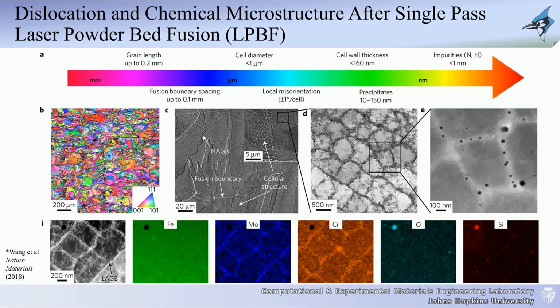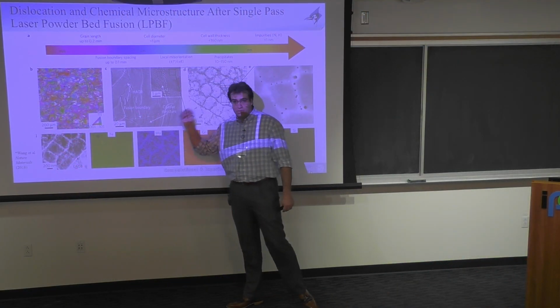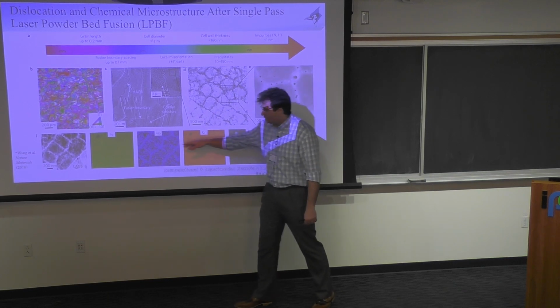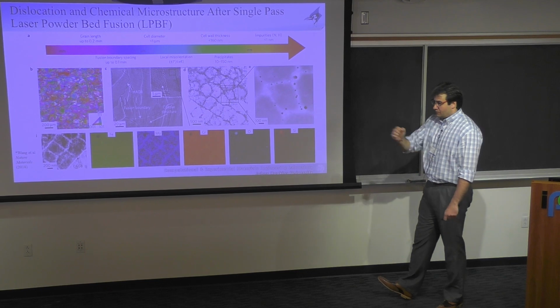So there's some type of segregation of molybdenum and chrome that happens that aligns quite nicely with these specific dislocation cell structures. So this is the sample after it has actually been fabricated, and this is what they're actually seeing. So there's clearly a multi-scale structure that is forming, and there's a clear heterogeneity in both the dislocation distribution and in case of the chemical concentration within the sample.